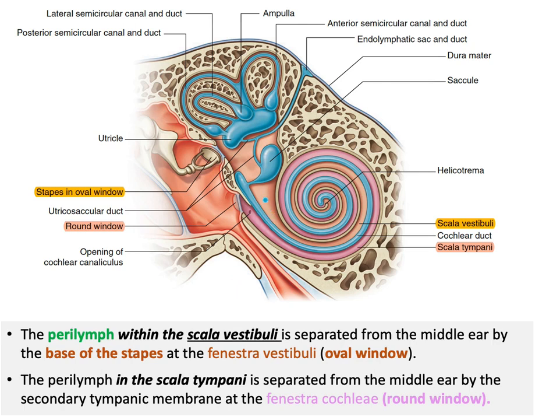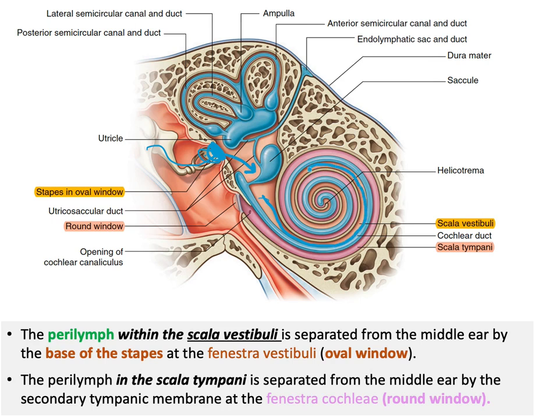So yes, this is what I also explained, that there is a perilymph, which is within the scala vestibuli, separated from the middle ear, of course, by the base of stapes. It closes the oval window here, and once the vibration reaches, the stapes hits the oval window, then the perilymph continues as I mentioned earlier.